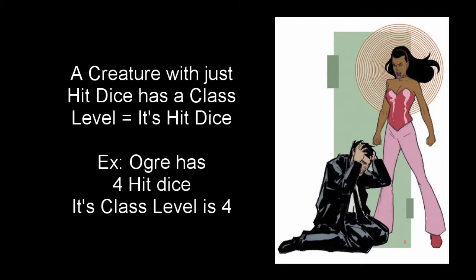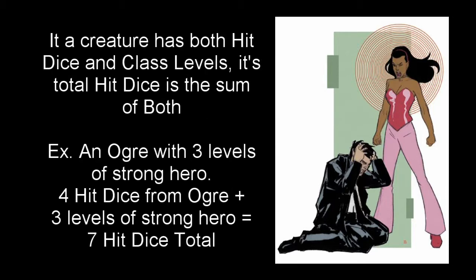So if my monster has 5 hit dice, no class levels, its character level will be 5. A creature with class levels and hit dice is considered to have a total hit dice equal to the hit dice it has and its class level. Basically, its hit dice, its character level, is equivalent to those combined. So if it has 5 and 3 levels of a class, it would have 8 hit dice total, 8 class levels.